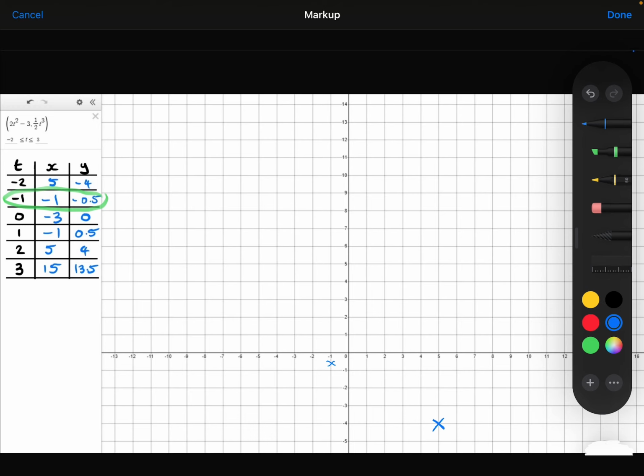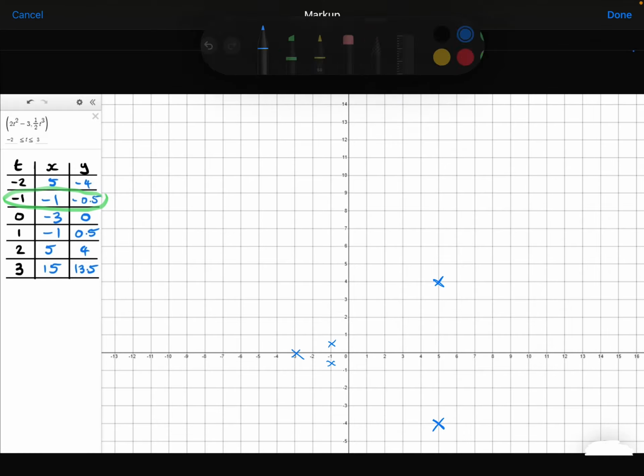Then when t is 0, I got the coordinate minus 3, 0. When t was 1, I got the coordinate minus 1, a half, which is here. When t was 2, I got the coordinate 5, 4, which is here. And then when t was 3, I got the coordinate 15, 13.5.